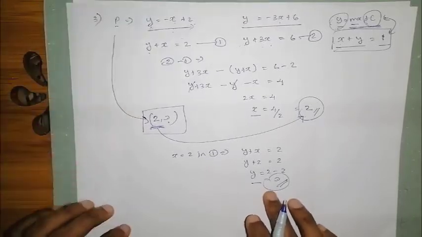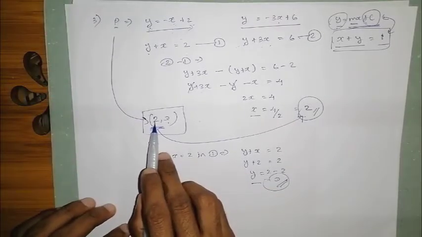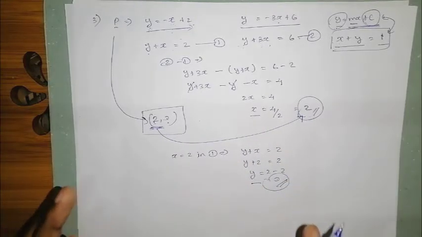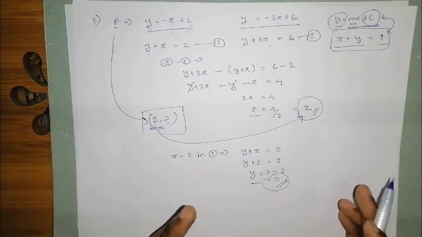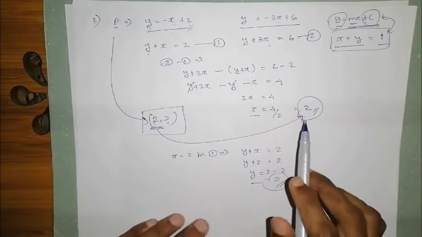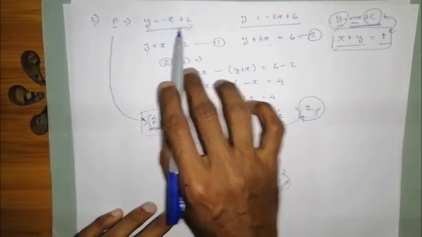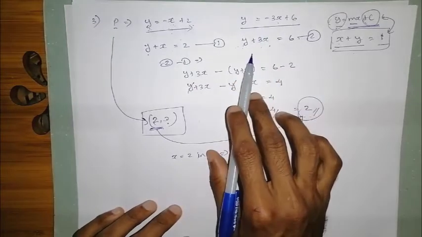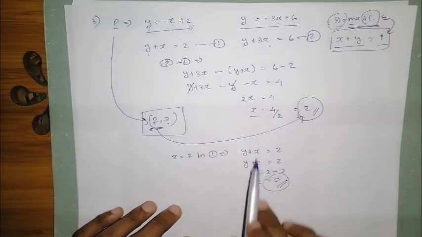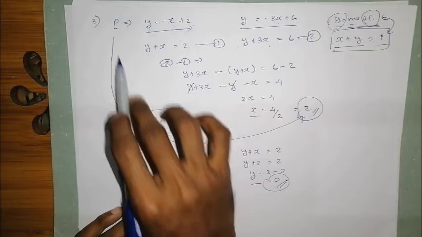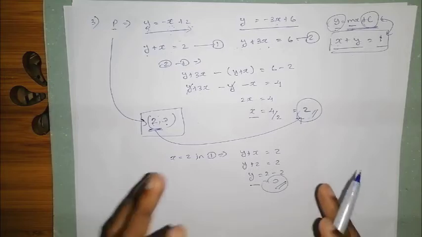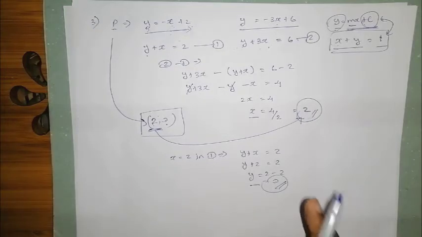Checking with the previous answer, the x coordinate is 2, the same value, and the y coordinate is 0. From this we can come to a conclusion: if you solve two linear equations as simultaneous equations, the result is the coordinates of the intersecting point. This will be your grade 11 section under linear graphs.